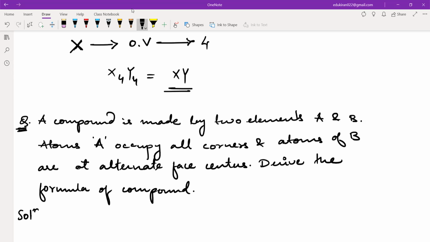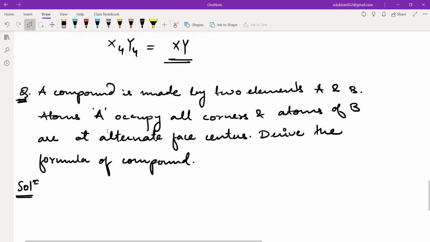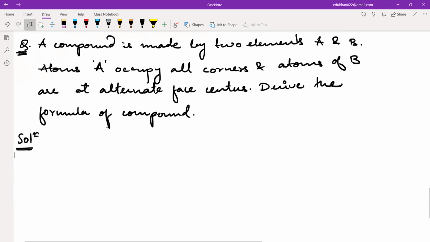Okay. So let us do this. Derive the formula of compound. Please send the answer in chat. ठीक है ना, आप लोग को हमेशा बोलना पड़ जाता है.